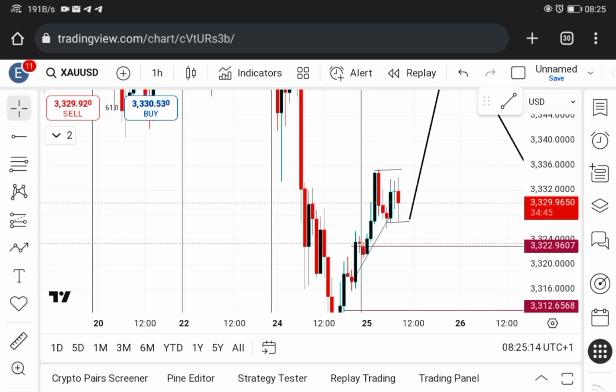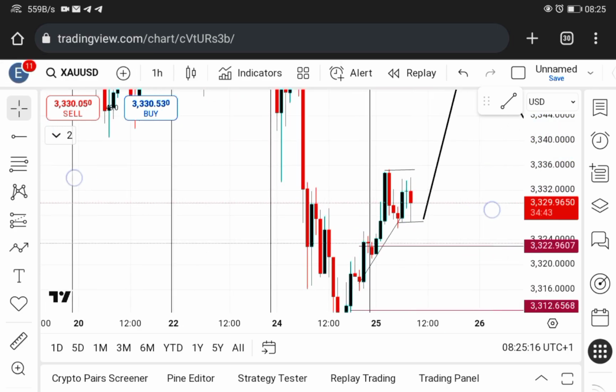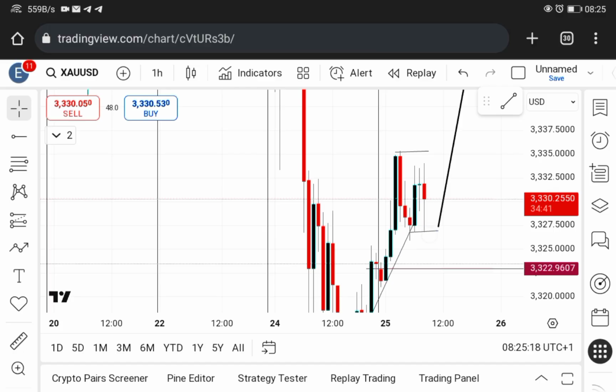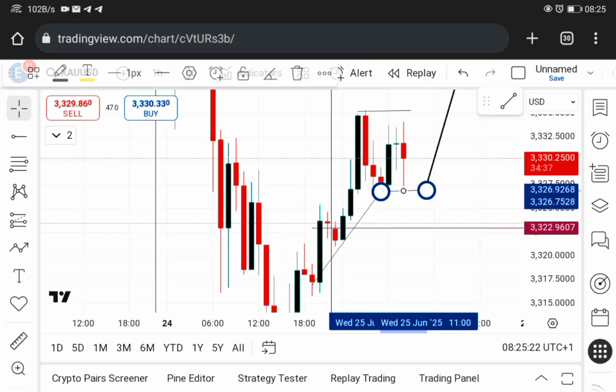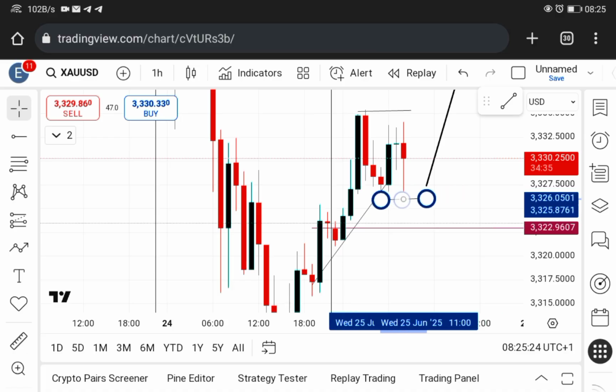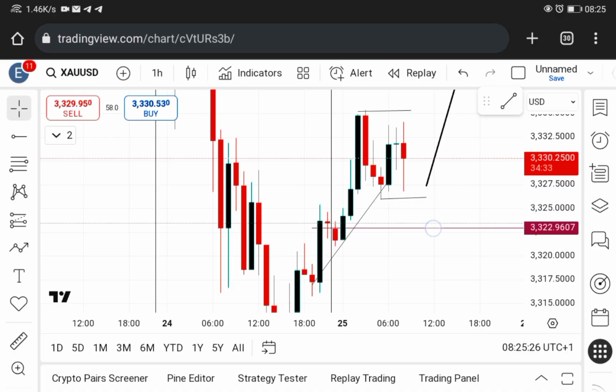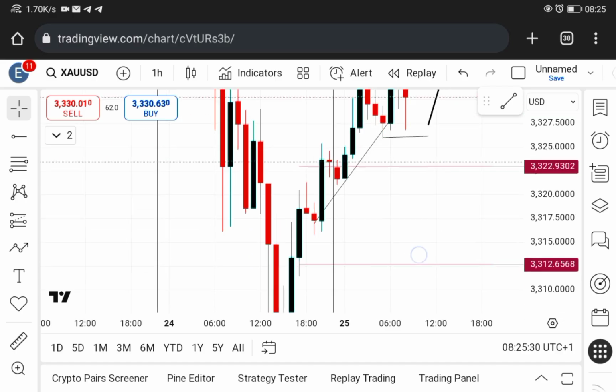So which is to say, if this market breaches this very low here, if this market takes out this very low here, then it may touch here or here.